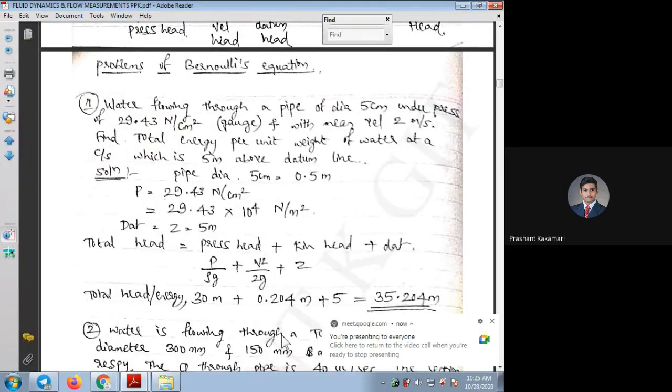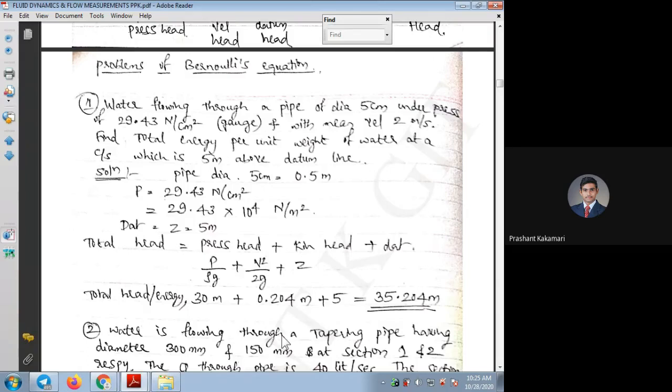Pressure is 29.43 into 10 raised to 4 Newton per meter square, divided by 1000 into 9.81, that is one term, plus velocity is 2 meter per second, so 2 square divided by 2 into 9.81, second term. Third term is the datum.